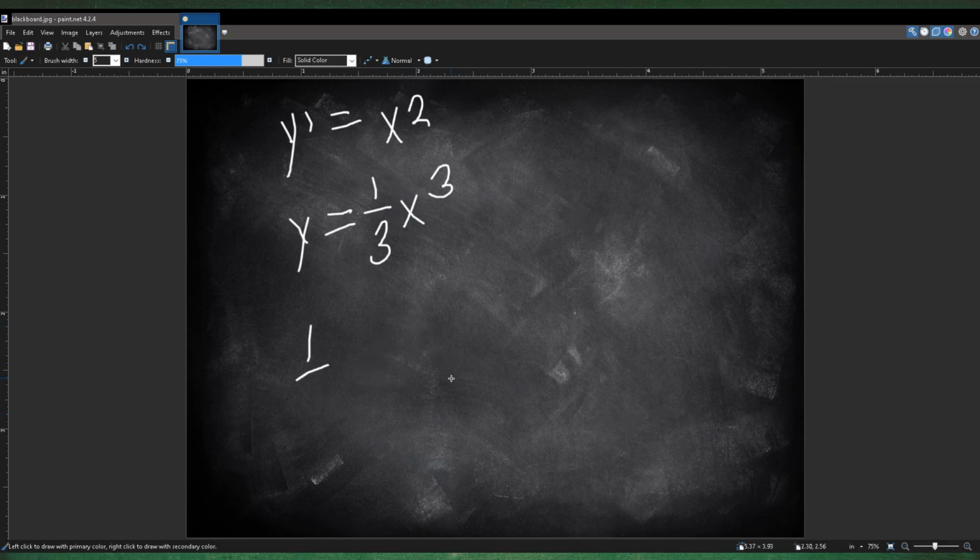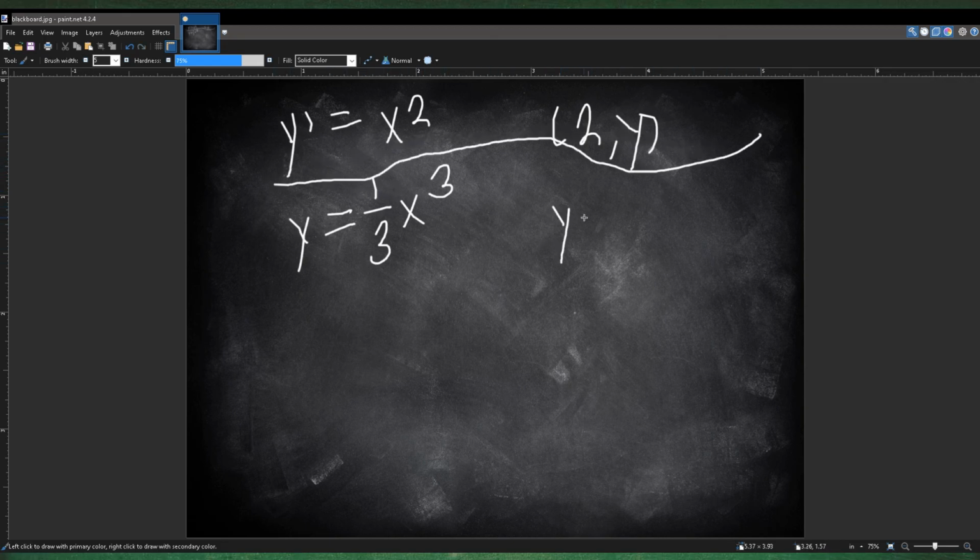So this is true. Let's say we wanted to find the y value when x is equal to 2. Using Euler's method and our derivative of y, we found that y is approximately 2.75.